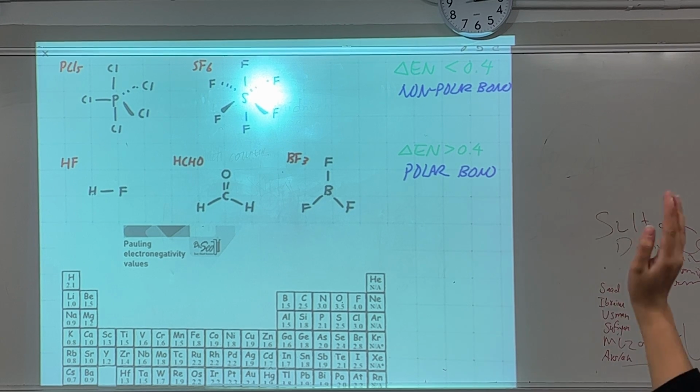You need to draw the whole molecule. Perfect.